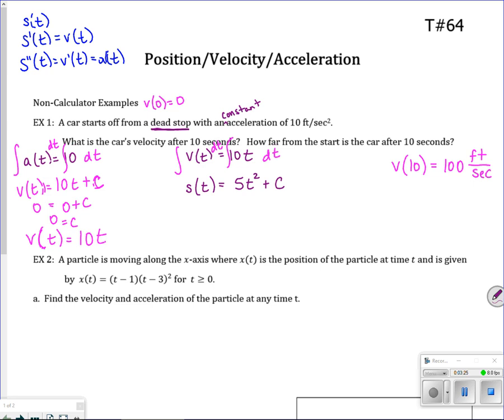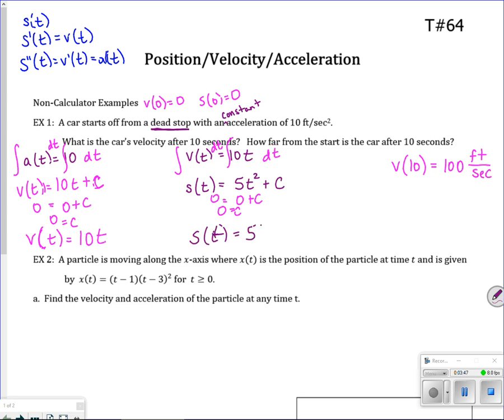And once again, with the dead stop, if he hadn't gone anywhere, then his position at 0 is also 0. So in the same way, this c is also 0, and for the position equation, I get s of t is 5t squared.